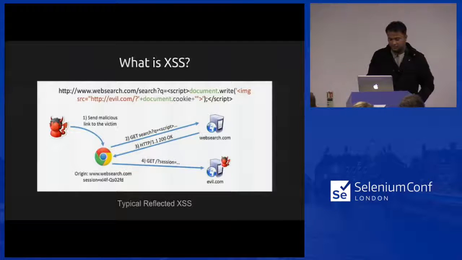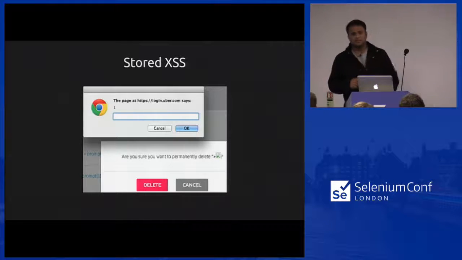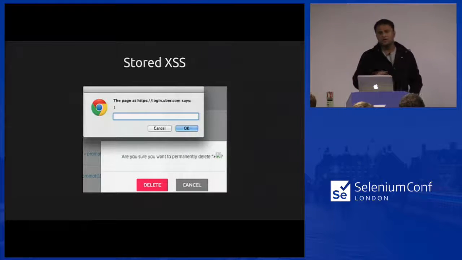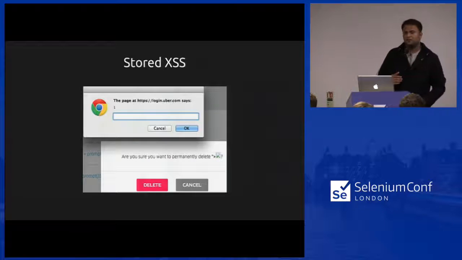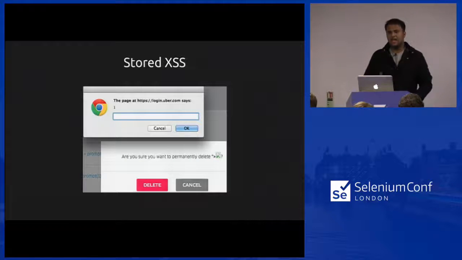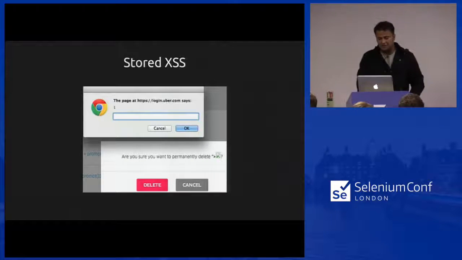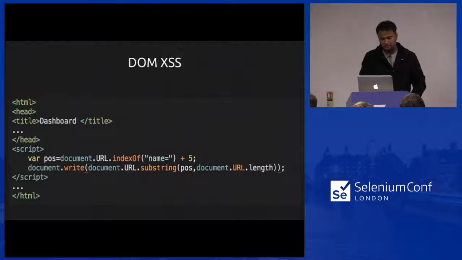So this is typical reflected XSS. And this was a stored XSS which I reported to Uber, where I could insert a malicious script into a dashboard page, where if someone tries to delete any of the users, they feel suspicious, and the script would get executed, and one can do anything with that.